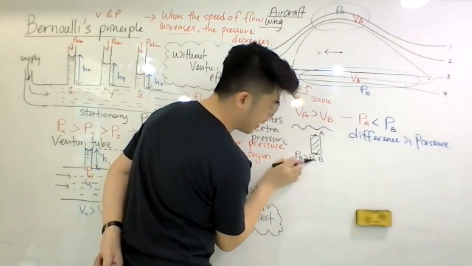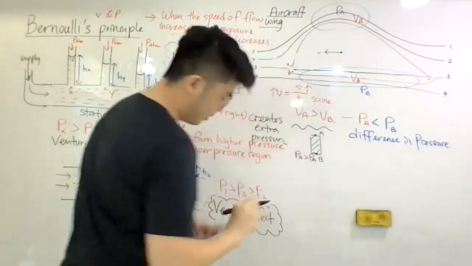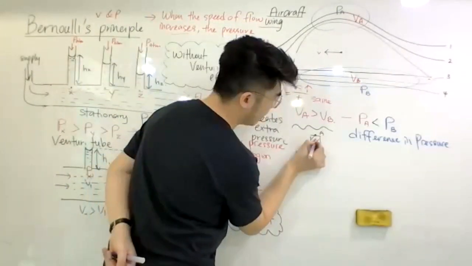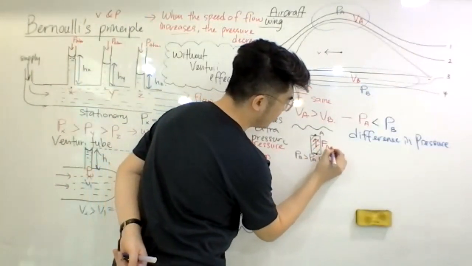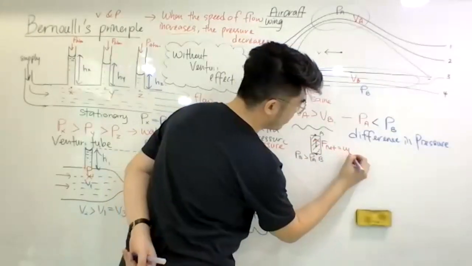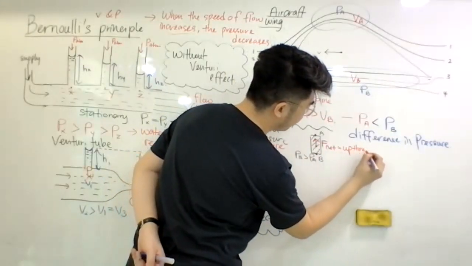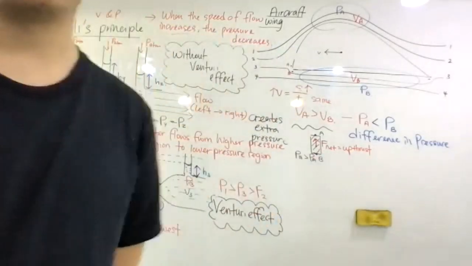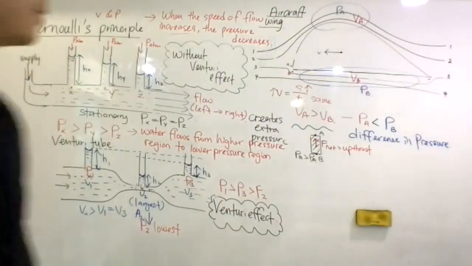Now, what happens because of this effect? A net force is created upward. This is the net force. What do we call this net force? We call this force upthrust. That is the buoyant force from the Archimedes principle.